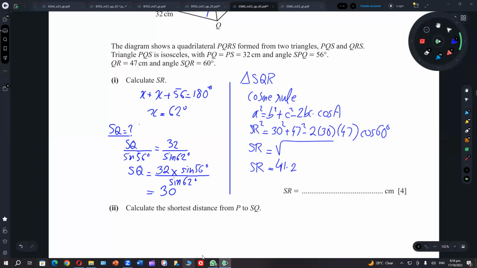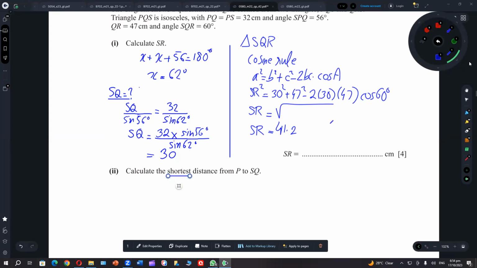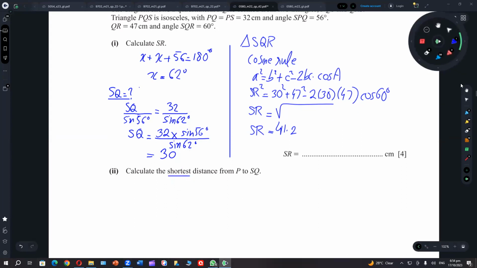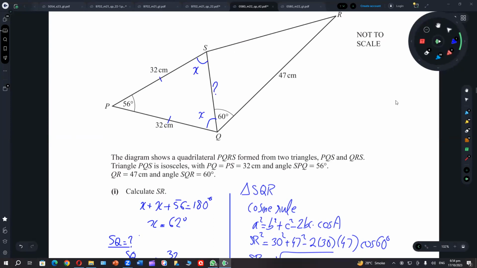Then he says calculate the shortest distance. Shortest distance is always the perpendicular distance, P to SQ. So I should draw a perpendicular line.